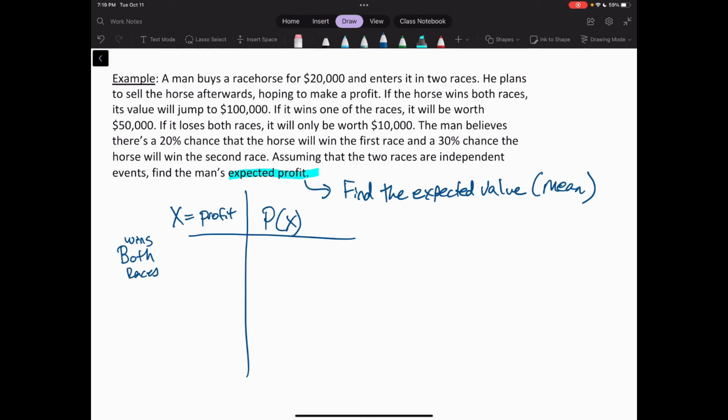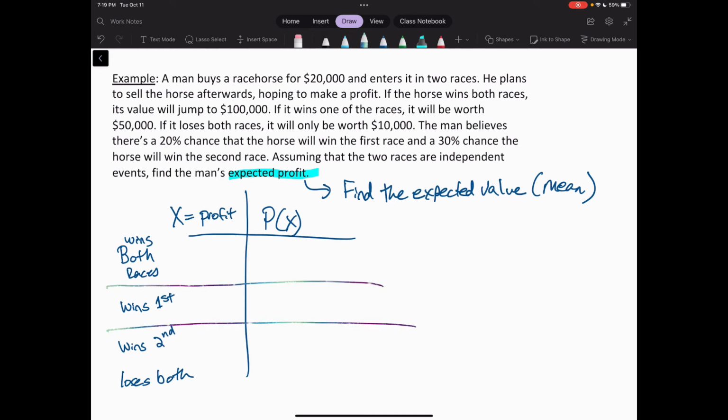He can win just the first race and lose the second. He can win just the second race and lose the first, or he can lose both races. So let's keep that in mind, folks. Those are all of our possibilities.